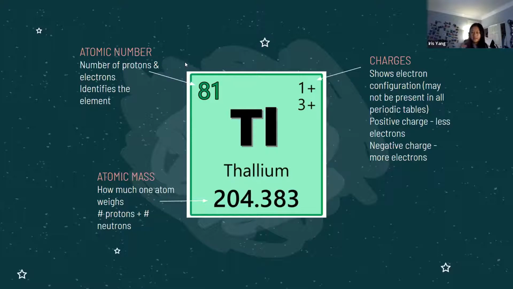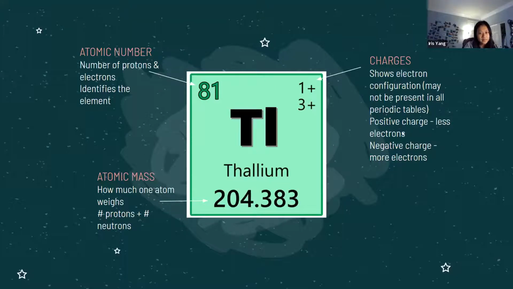If the number is positive, that means they lose an electron, because an electron is negatively charged, right? So it loses the electron and then it becomes more positively charged. Thallium could either lose 1 or 3 electrons and it'd have a +1 or +3 charge. And that's how you get that.